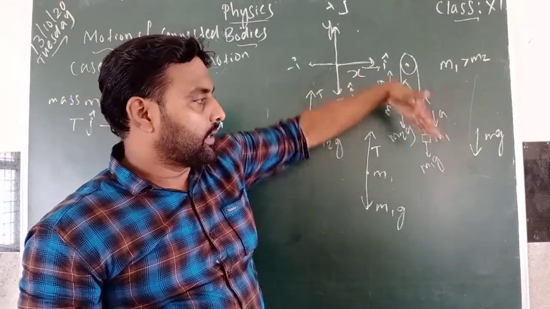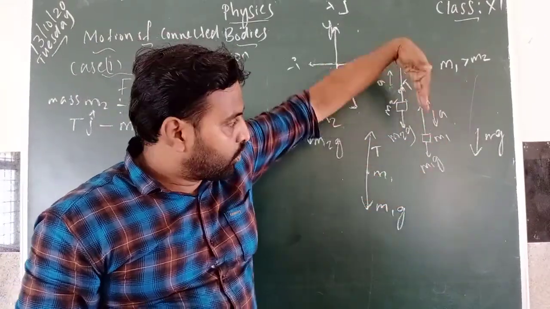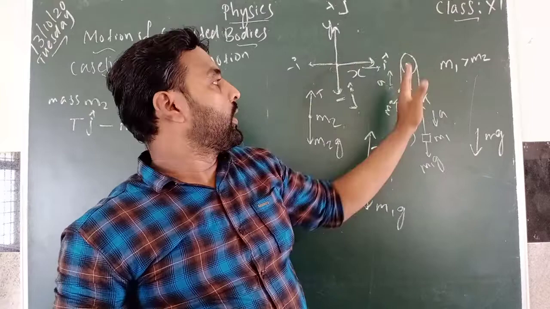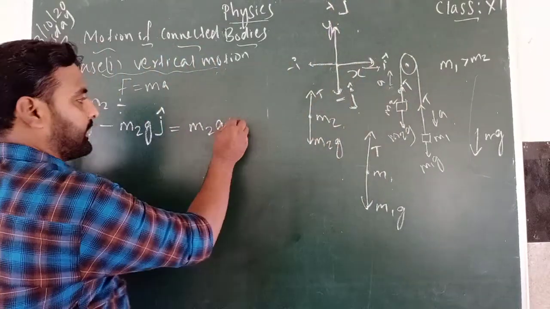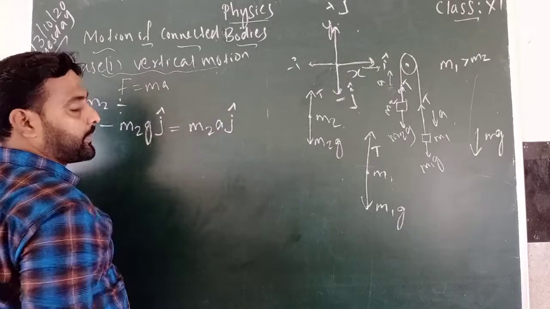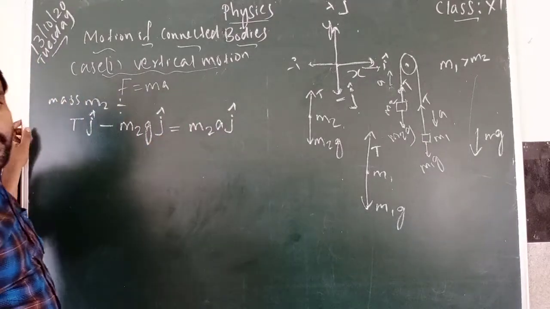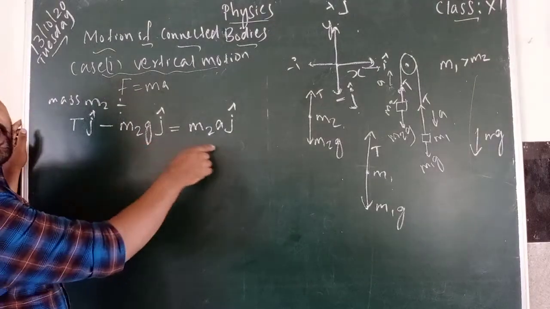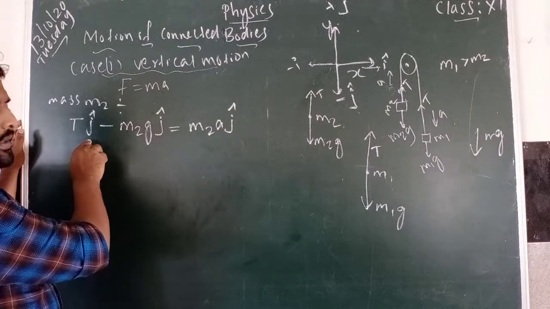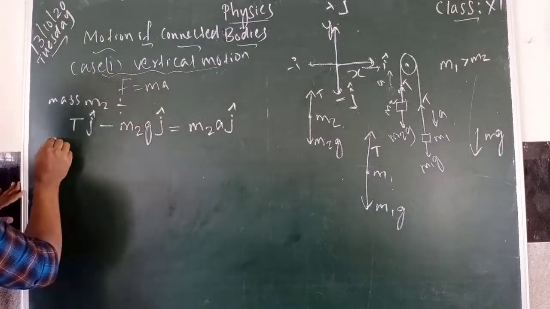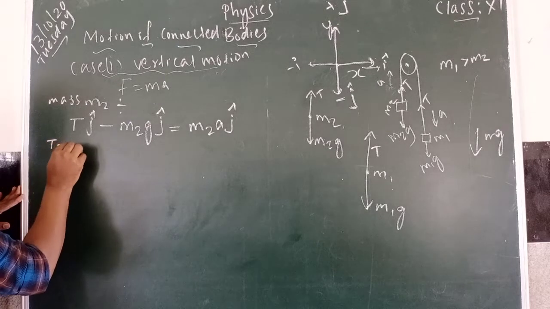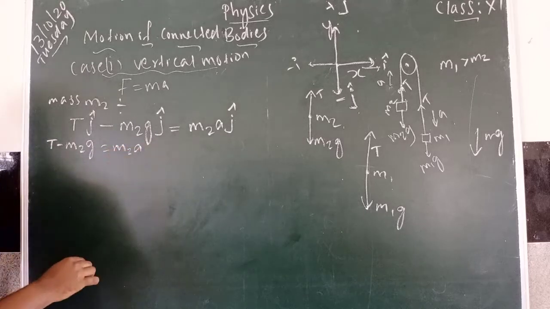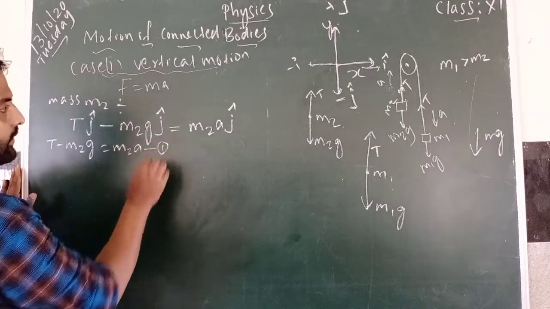You see, m1 is moving downward and m2 is moving upward. Upward means the j direction, plus j. This is the equation we write from the free body diagram. Now comparing the components, without the unit vectors you write this equation: T minus m2g equals m2a. Take this as equation 1.